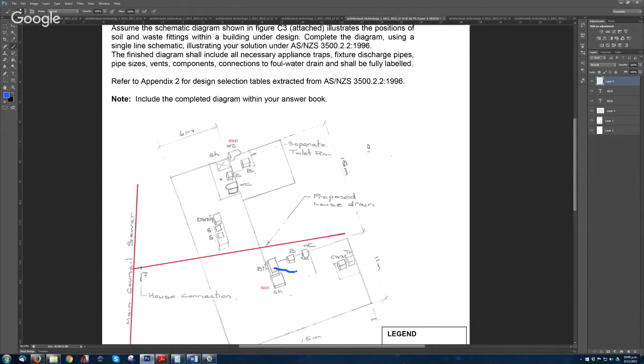Because that's the gutter, and I think that's 100, if I'm correct. So that will be like the 80, or it's the other way. Maybe that's no. I think that's 100, and that will be 80.